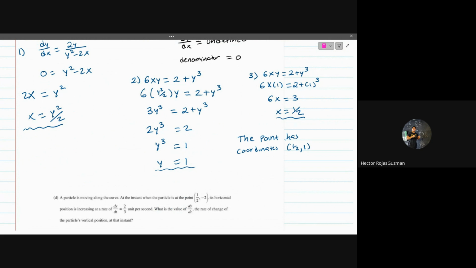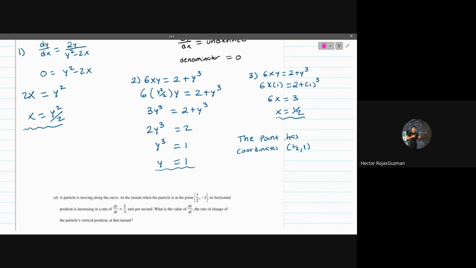Let's check the rubric real quick to make sure I didn't miss any coordinates. This is question number 6, part C. Yeah, that's it.